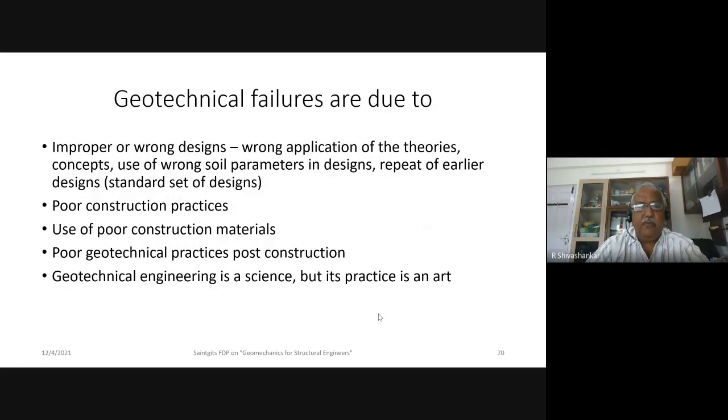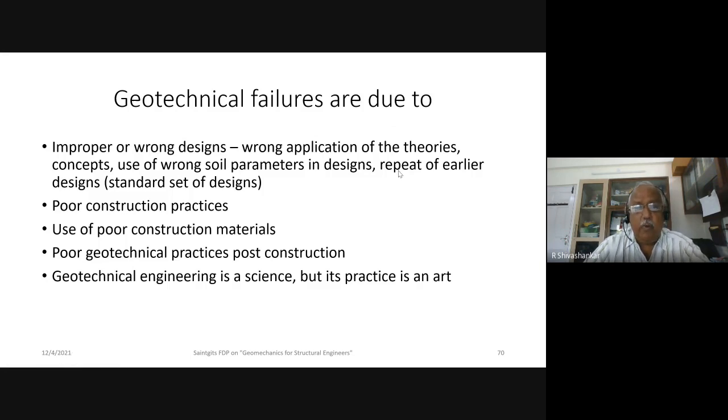Now, in spite of doing a good design and good construction, there will be failures because sometimes the designs are wrong, the assumptions are wrong. Usually, with the conventional method, that is not adopting soil structure interaction, we over design.